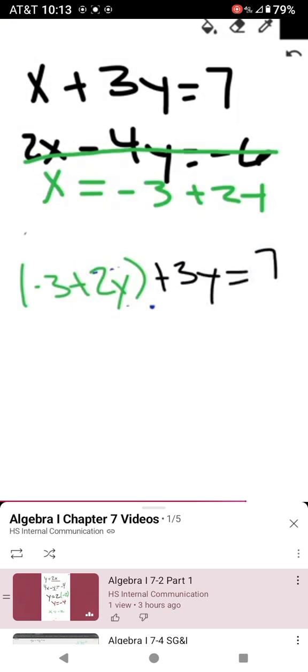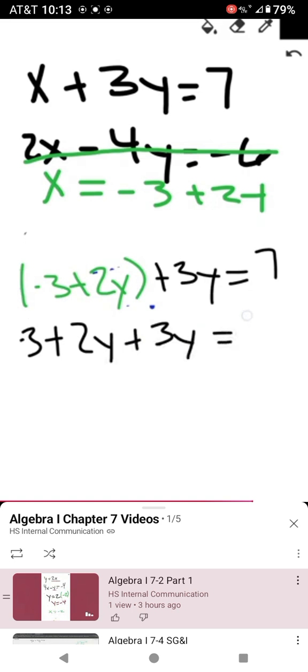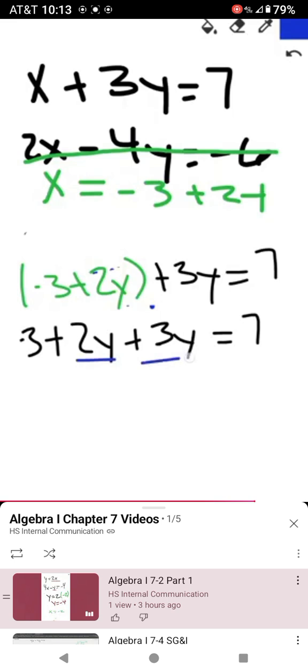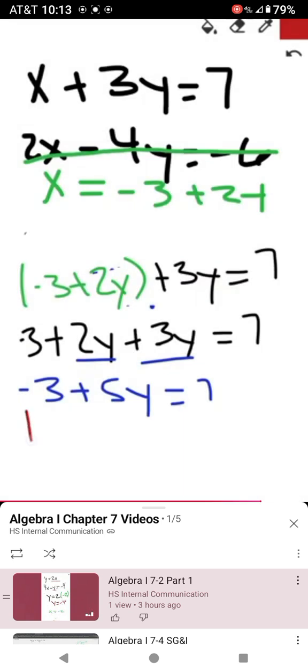So there's nothing to do in the parentheses, so we'll basically just multiply them by 1. Anytime you see a set of parentheses, it's kind of like there's a 1 on the outside. If there's nothing else there, you multiply, so we basically distributed positive 1 throughout there. So we're left with negative 3 plus 2y plus 3y equals 7. We combine like terms to get negative 3 plus 5y equals 7. Then we'll add 3 to both sides.